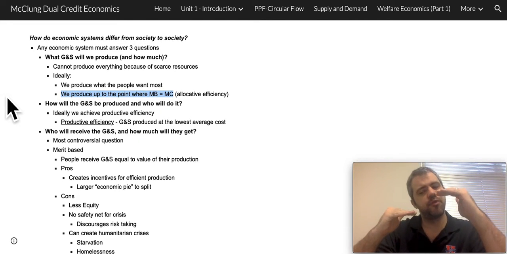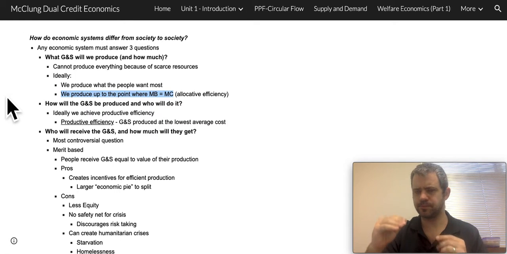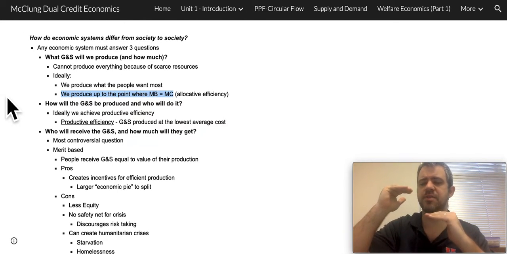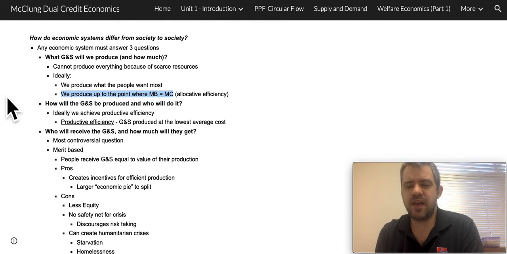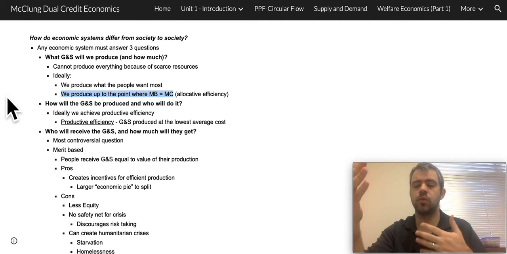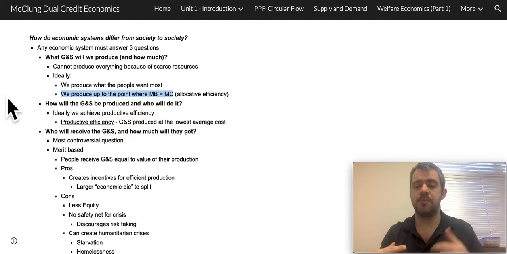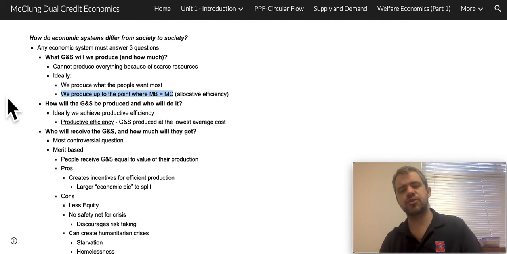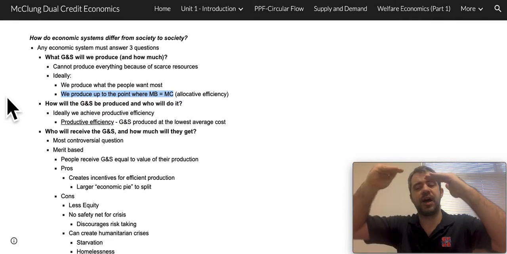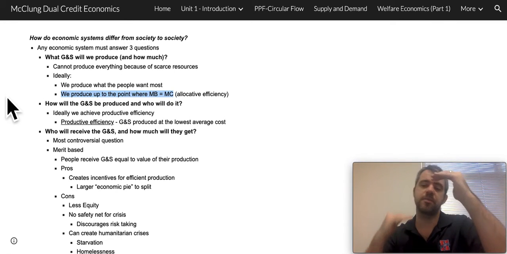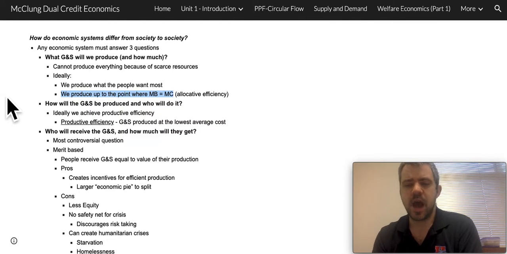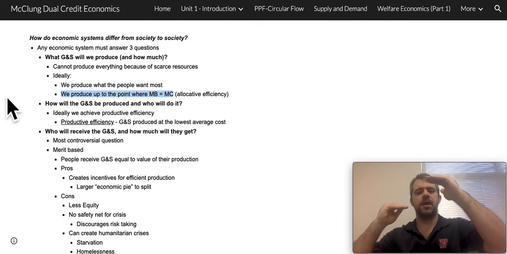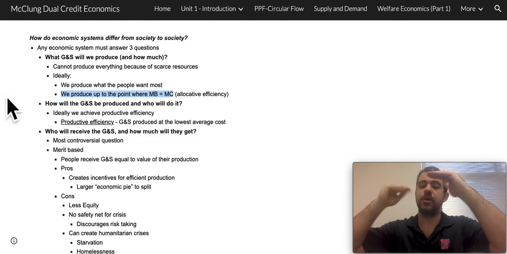Because we've talked about how if we produce past that point, and suddenly marginal cost is higher than marginal benefit, then we're losing more than we're gaining. And the opposite's true as well. If we don't produce up to that point, there are further benefits that we could be gaining, but we choose not to.